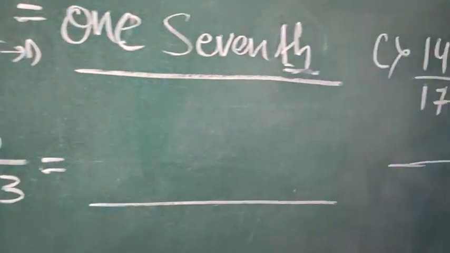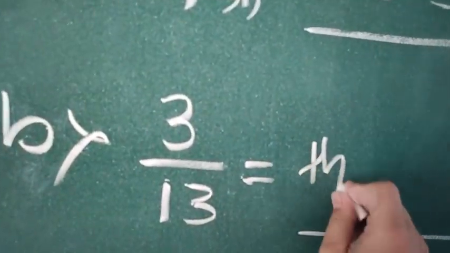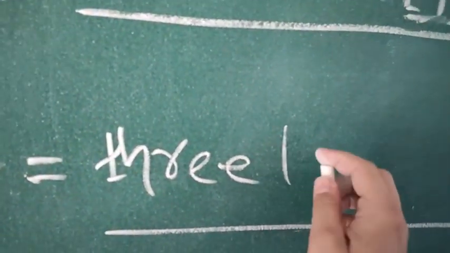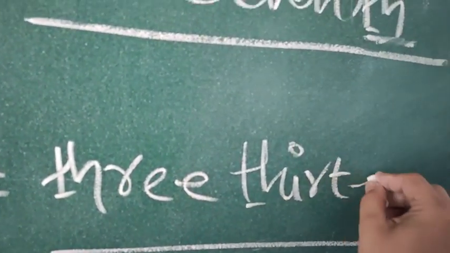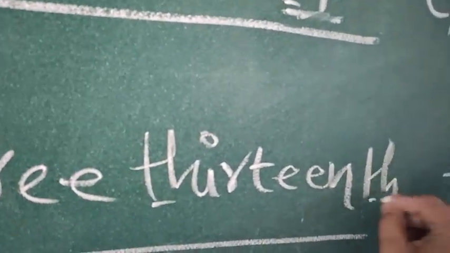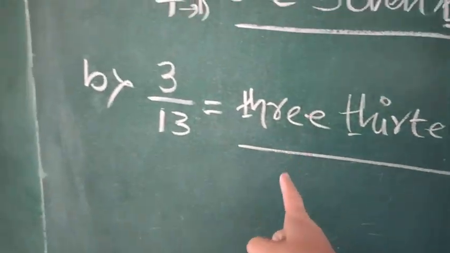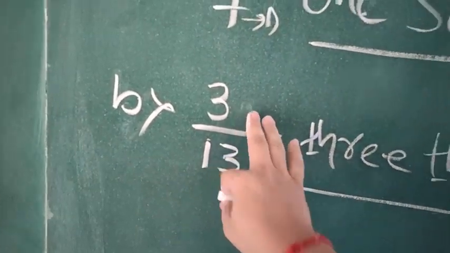We will do the same for the others also. Part B is here, 3/13. It will be written as three thirteenth, right? Only we are going to add a TH. So this is the way of writing any fractional number into words.